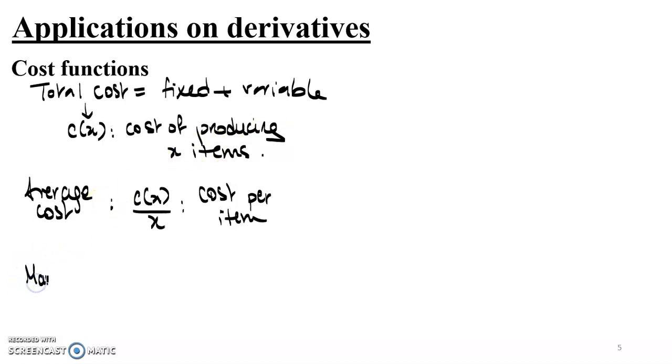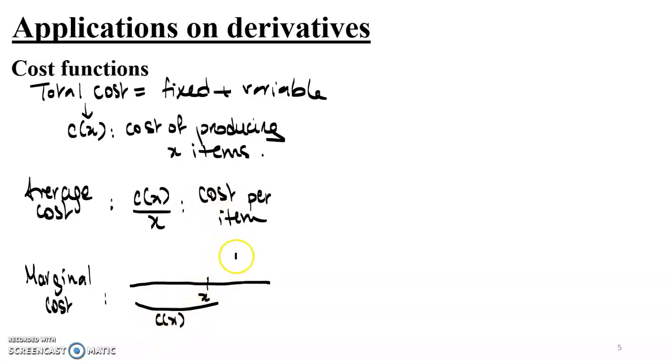However, when it comes to the marginal cost, the marginal cost is the cost of producing an extra unit given that I have already produced x units, for example. So if I have already produced x units and I know that these x units did cost me c of x, that's the amount of money I paid to produce x units.